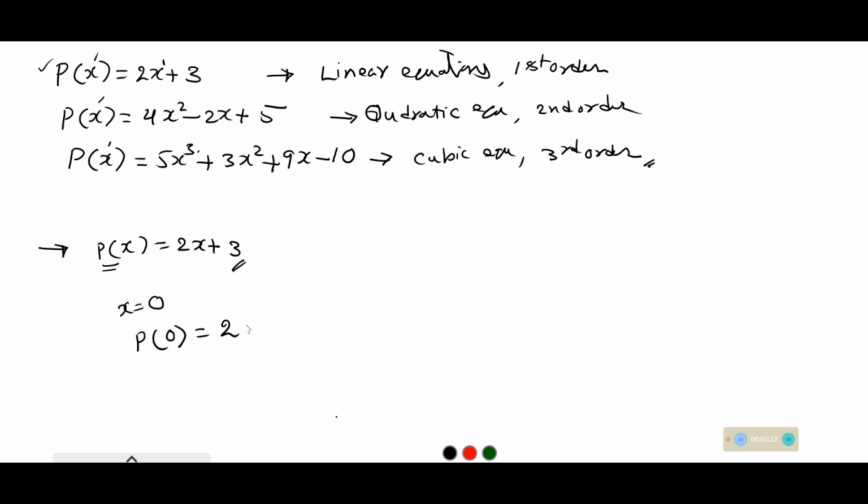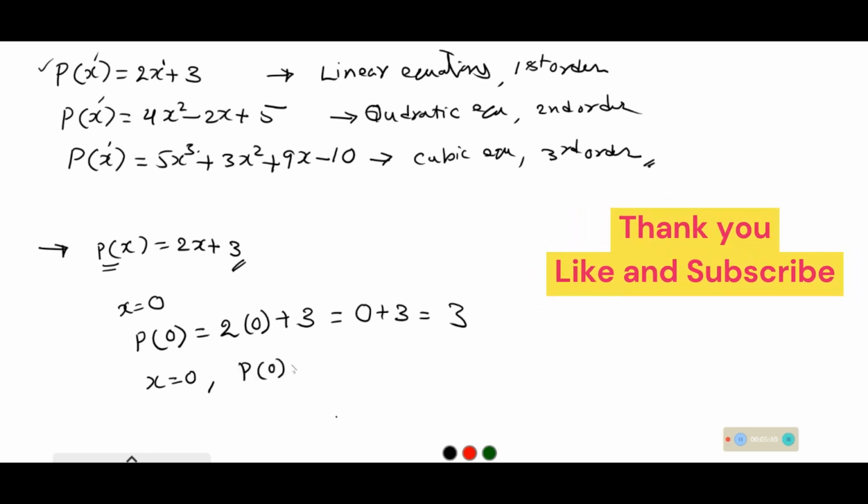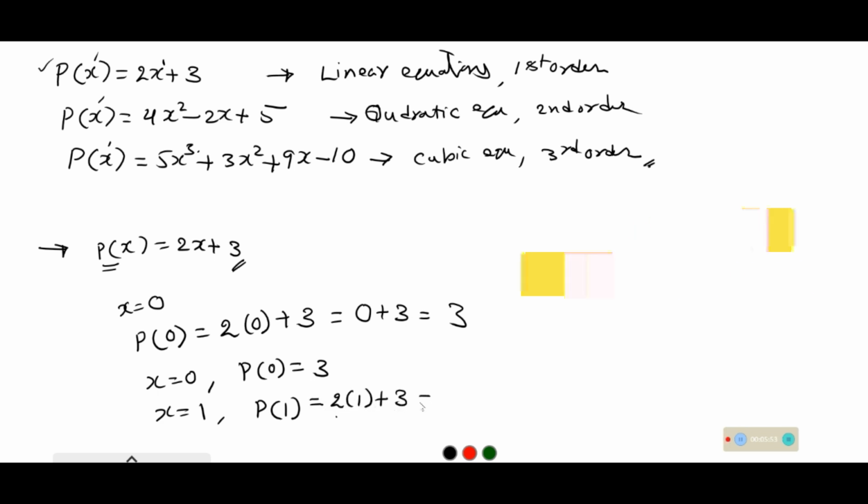We replace x with 0: 2 into 0 is 0, plus 3, that is 3. So p of 0 is equal to 3. If x is equal to 1, what is p of 1? It is equal to 2 into 1 plus 3, that is 5.